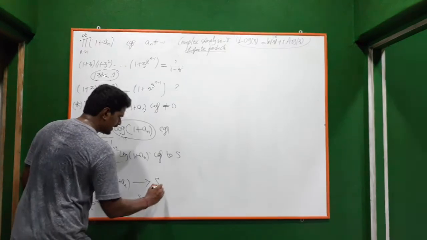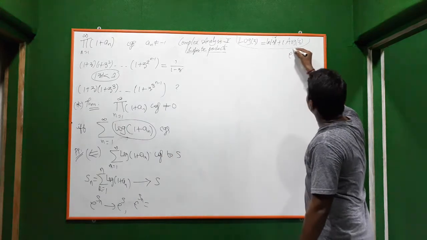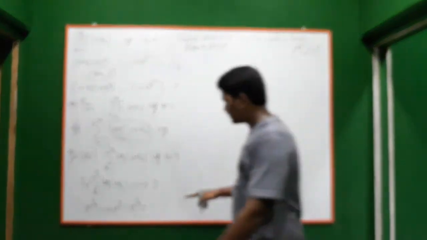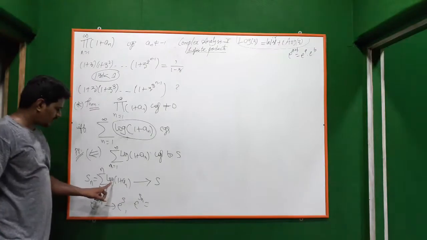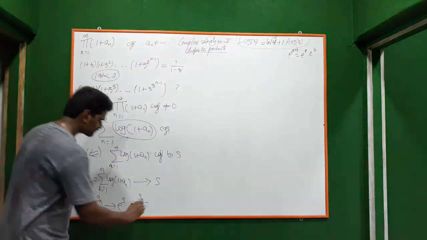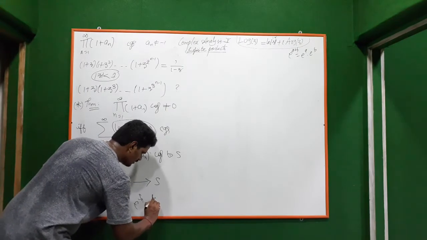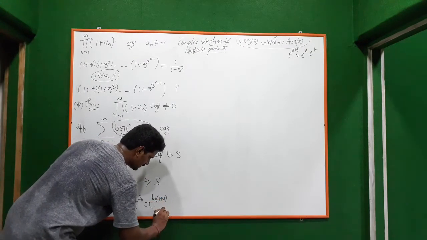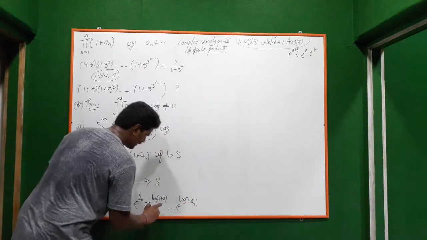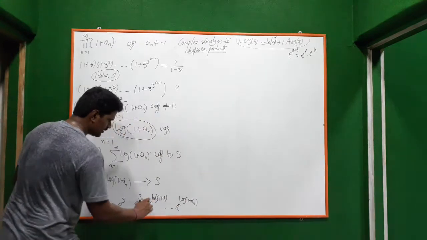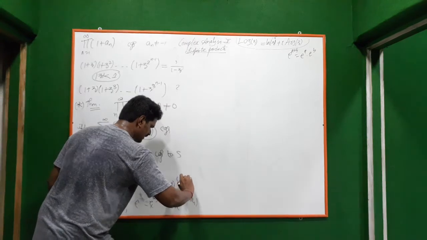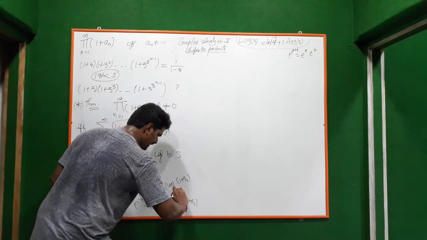Since e power (a plus b) is e power a into e power b, similarly here we get e power log(1 + a1) into e power log(1 + a2) and so on, up to e power log(1 + an). Everywhere the exp and log will cancel out, and we end up with (1 + a1) and so on up to (1 + an), which is nothing but Pn.